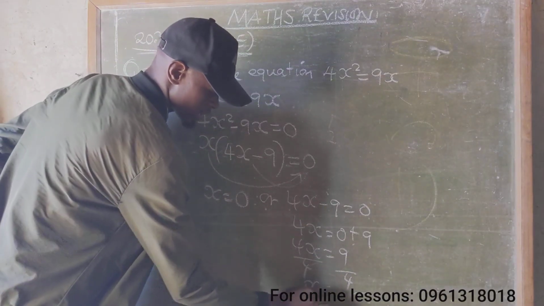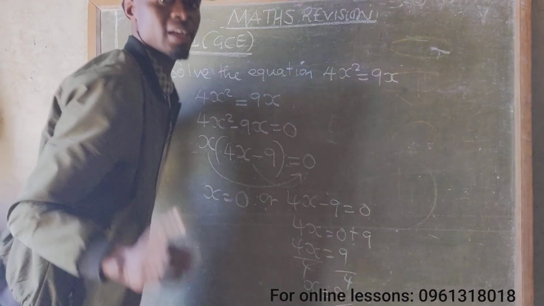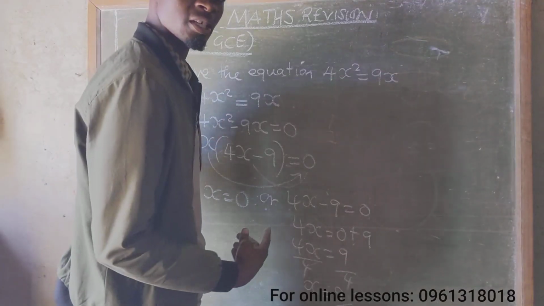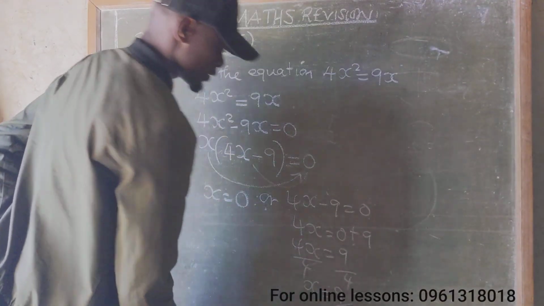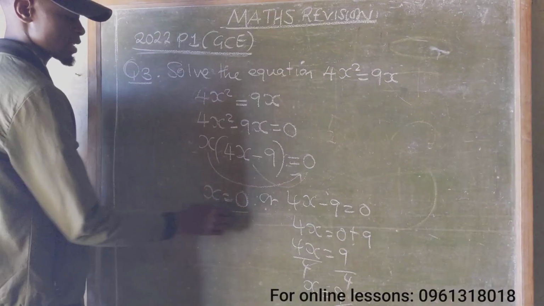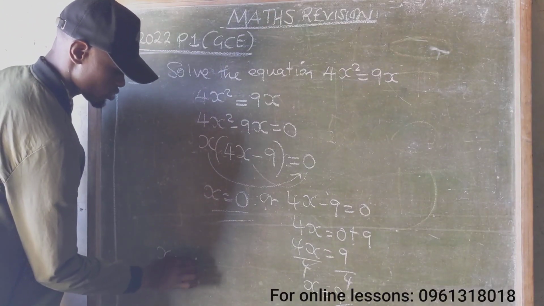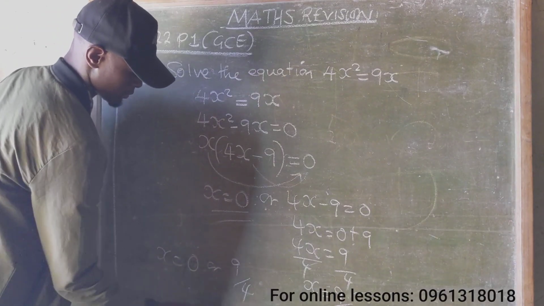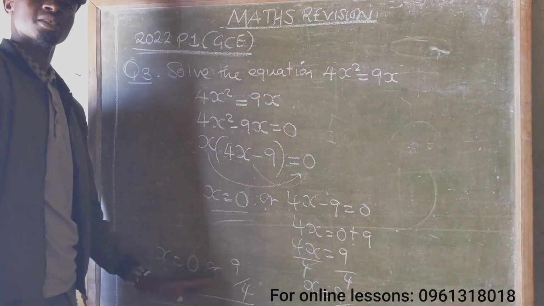You remain with x equal to 9 over 4. We know that 4 can't go into 9, and since this is paper 1, you can just leave your answer like this. So we have two answers. You can say x equal to 0 or 9 over 4. These are the two answers that we have.